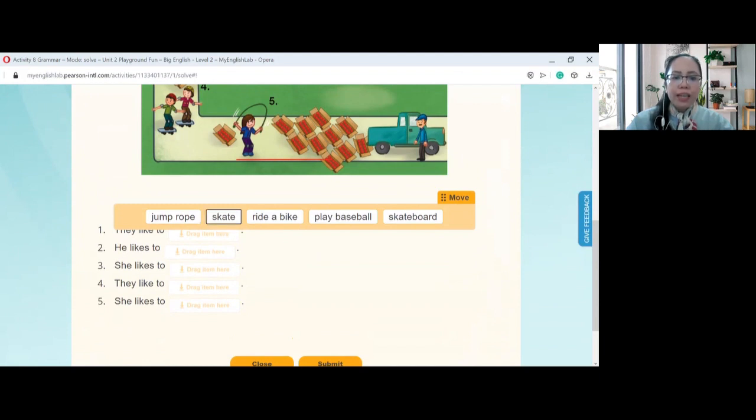Number 2, he likes to skate. But in your workbook, you have to write it down, skate, okay, to complete the sentence. Can you do all of the workbook, class, now? Yes, I bet you can do it well, yeah?